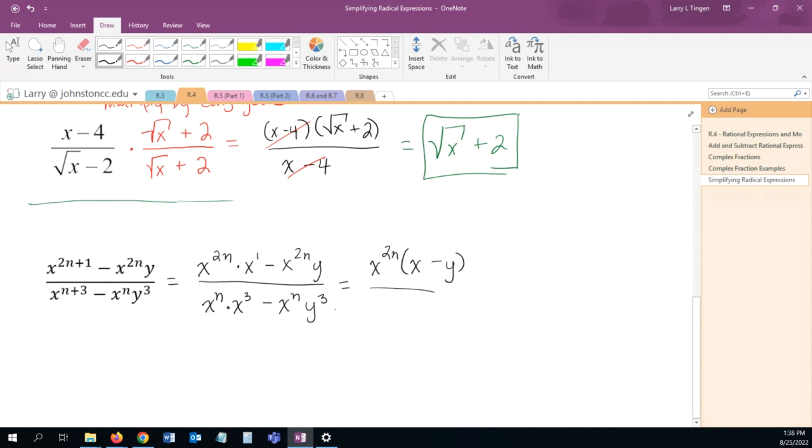In the denominator, I have x to the n's in both. And what's left here? Well, x cubed. That x to the n is completely gone. It divided away. Minus y cubed. Everybody okay with that?